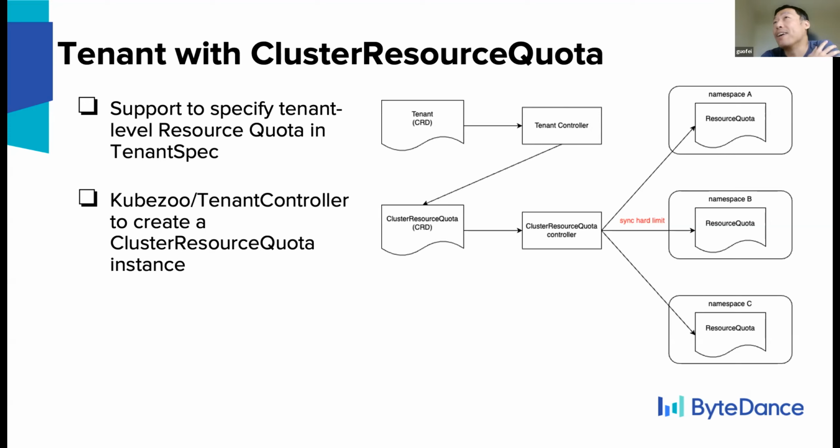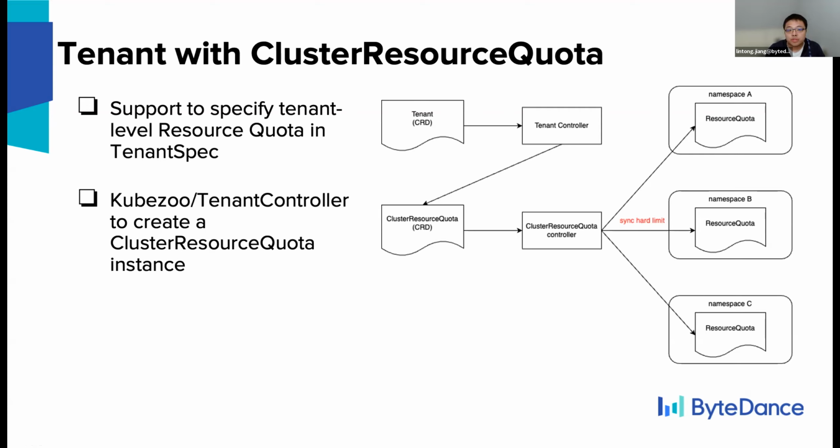Sorry, I just want to make it very clear. If people want to use cluster resource quota, and they want to put a hard limit for a tenant, how can you do that? If you want to duplicate the limit in every namespace, can you do that basically? Hard limit for, I think so, but it cannot be granular.